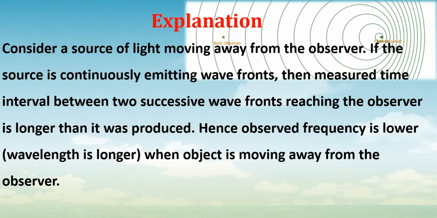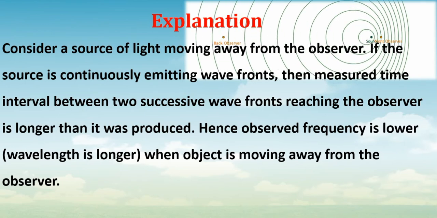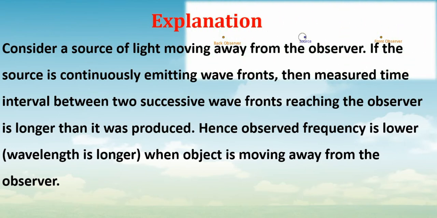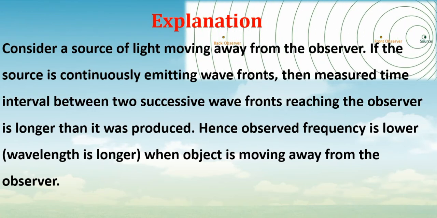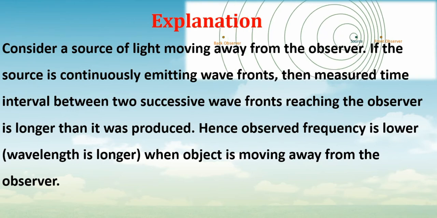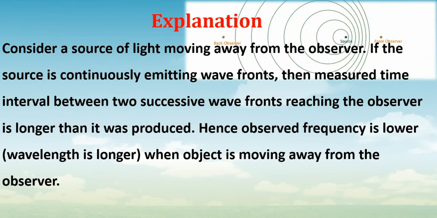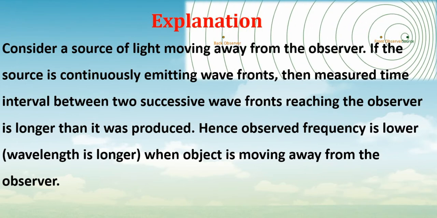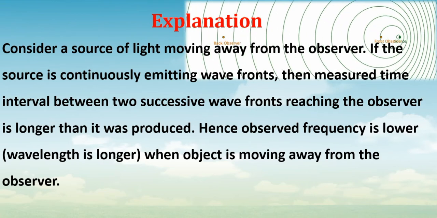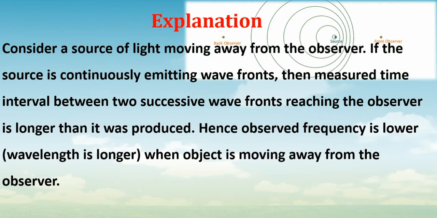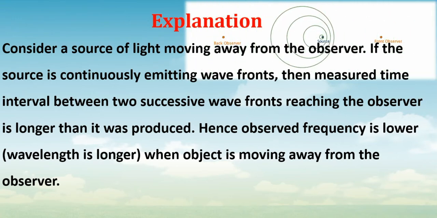If you take two wavefronts, we can measure the time interval between those two wavefronts produced by the source. Also, we can calculate the time taken by those two wavefronts to reach the observer. When the observer measures the time interval between those two wavefronts, it will be longer than it was produced.